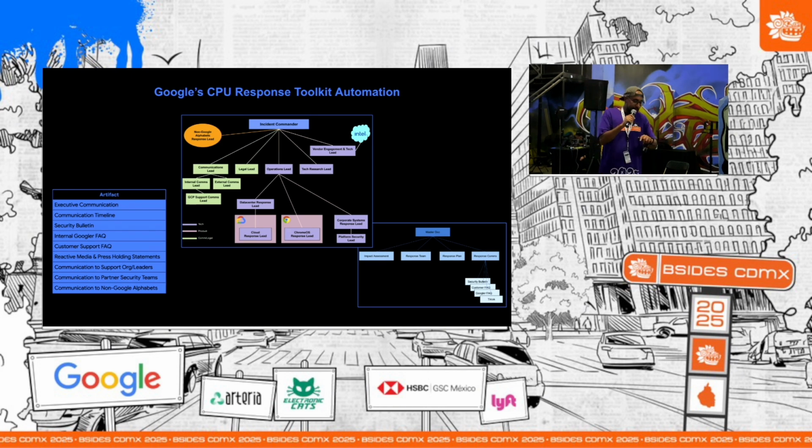I mentioned earlier that I do love development work. And one of the things I did after this response is develop an automation for Google to help automate the bootstrapping of responses like this and also automate some of the manual things that don't need to be done manually, and also make the response a lot more effective.